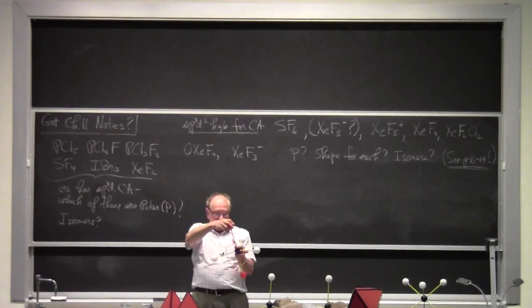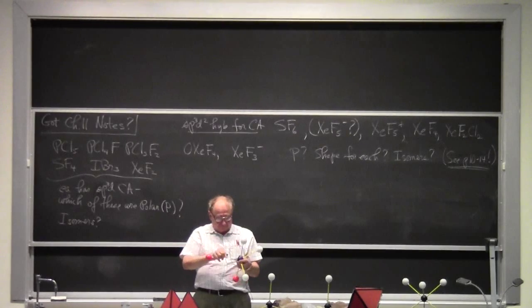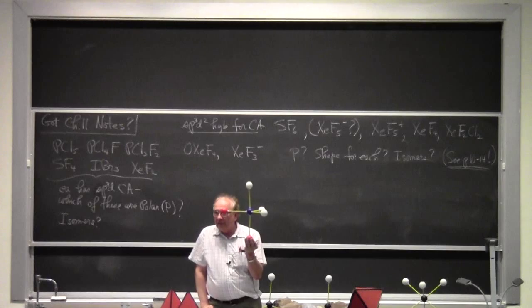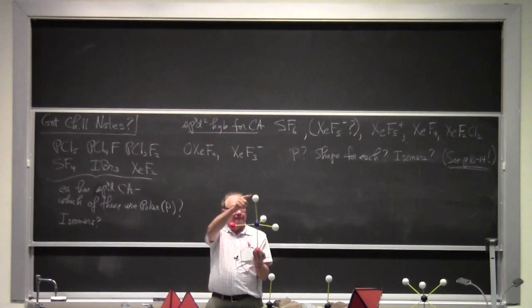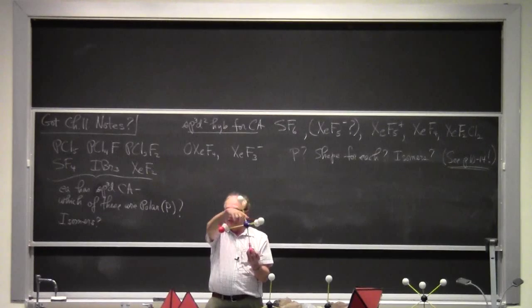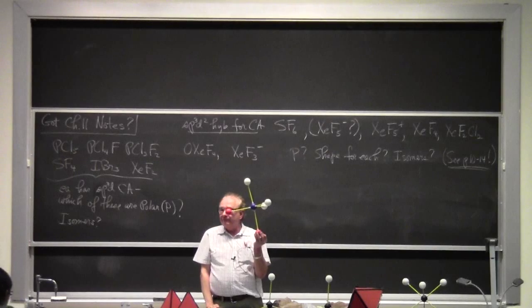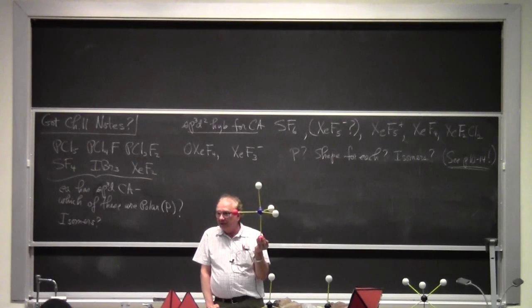But if I were able to synthesize this generally trigonal bipyramidal species with this atom being different from these atoms, with this atom being different from the other two equatorially positioned atoms, then I wouldn't have bond angles which were perfectly 90 and 120 and 180, but they'd be close.